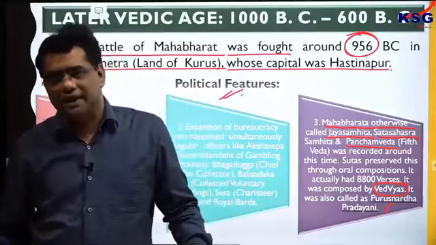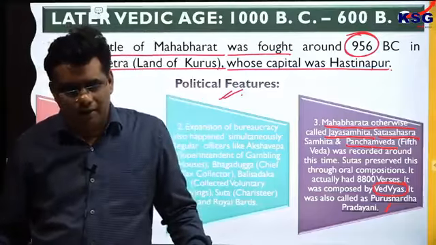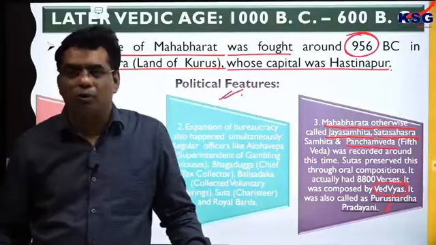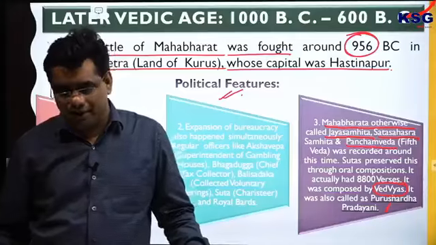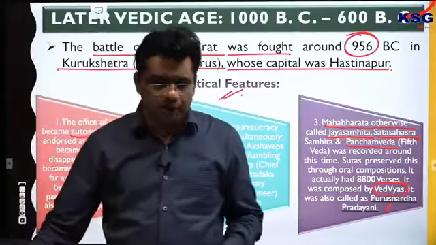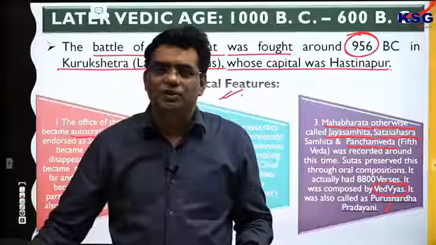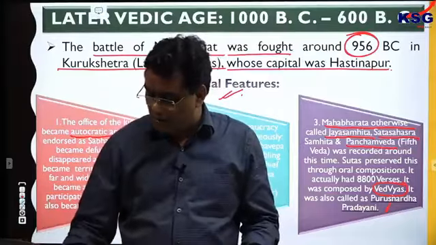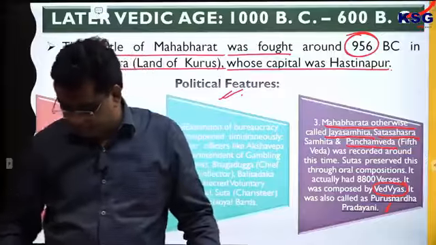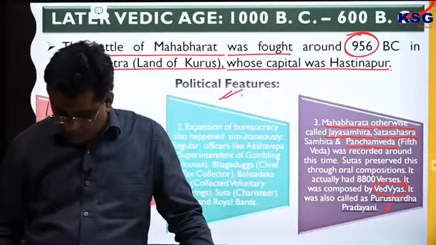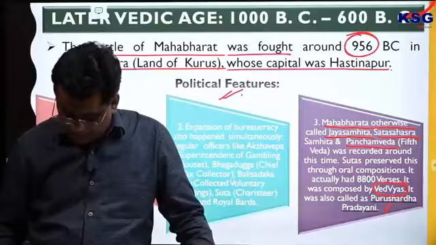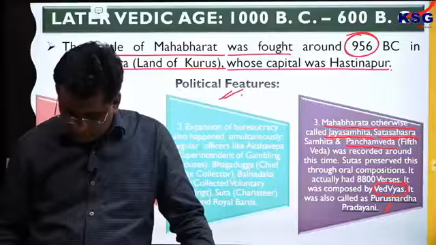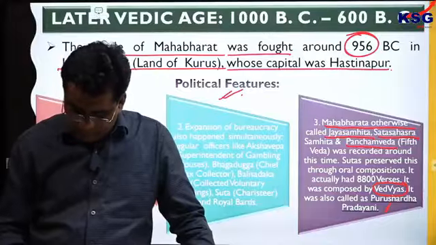However, other states were also involved in this war. When you have a world war, many countries also start dancing in between, Hungary, Yugoslavia, like that. So many states were also dancing in between, but the main fight was between Kaurav and Pandav.